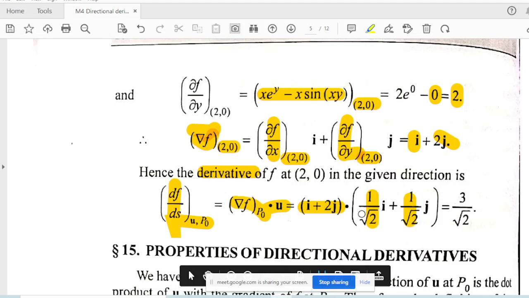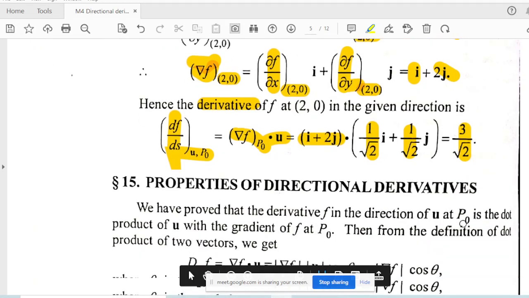When you multiply and add, you get 1 by root 2 plus 2 by root 2, that is 3 by root 2.